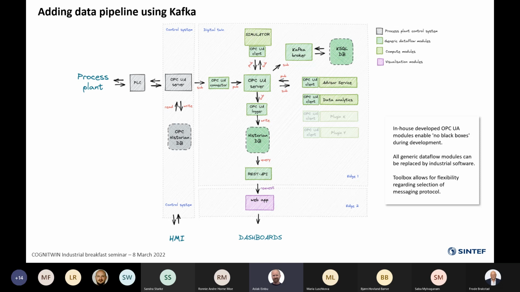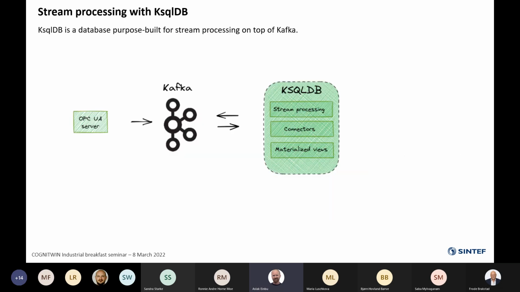And then we've been applying ksqlDB, which is a very interesting tool, a database built on top of Kafka. It enables a lot of interesting features for stream processing. It covers a lot of workflow previously dealt with in Kafka with separate connectors and stream processing.